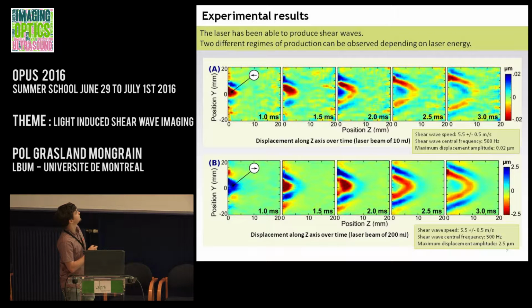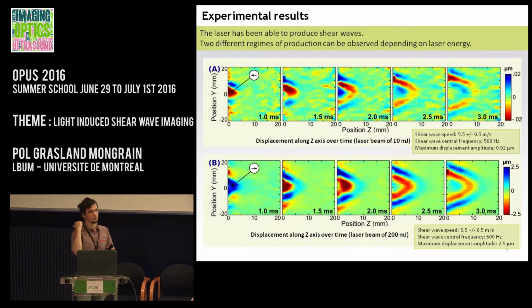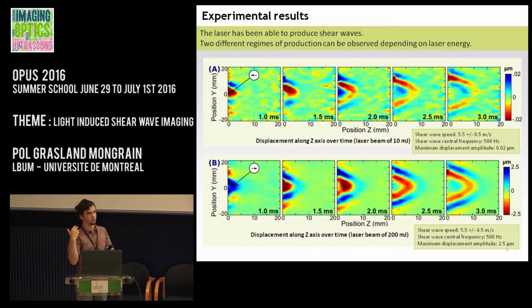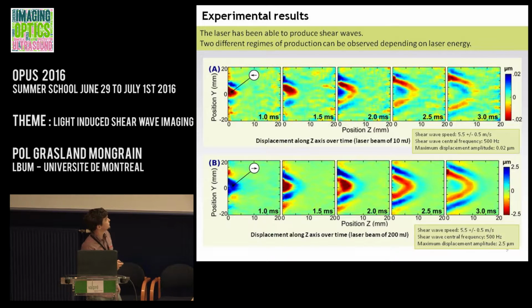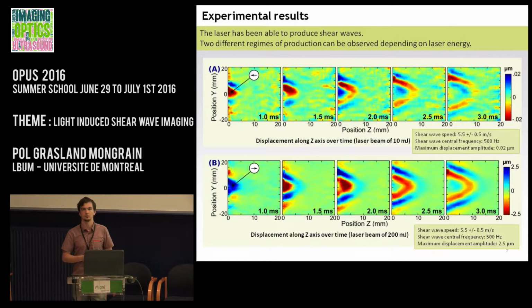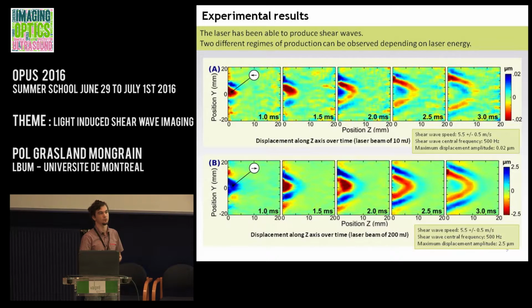Here you have an initial displacement to the left, and here you have a displacement to the right, so either directed toward the outside of the medium or the inside. And also, here you see 3 cycles, a blue cycle, a red cycle, and a blue cycle, and here you can see only two of them. So there are slight differences, but it shows that the regimes to create the displacement and the shear wave are different depending on the laser energy.